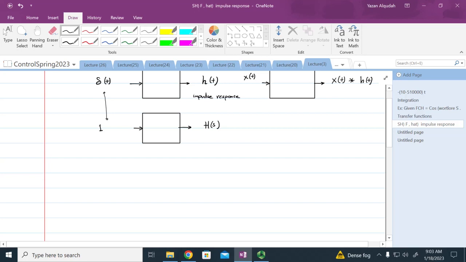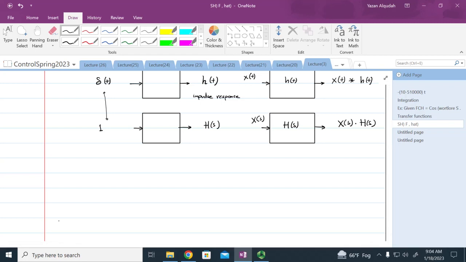And therefore, if I analyze the system in the Laplace domain, this is h of t, this is h of s, the output is going to be x of s multiplied by h of s. Does that make sense? The convolution in the time domain, what does it become in the frequency domain? Multiplication.